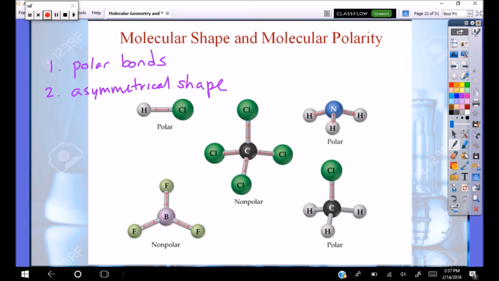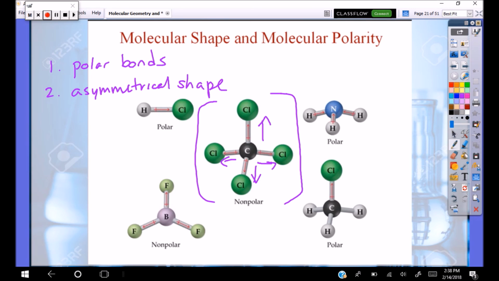The funny thing about this one here, we've got carbon tetrachloride. We have polar bonds, but when we look at the way those things pull on each other, they cancel out because they're pulling in equal and opposite directions at angles of 109.5. You also have the same issue going on with BF3, where they're all pulling in equal opposite directions of 120 degrees.